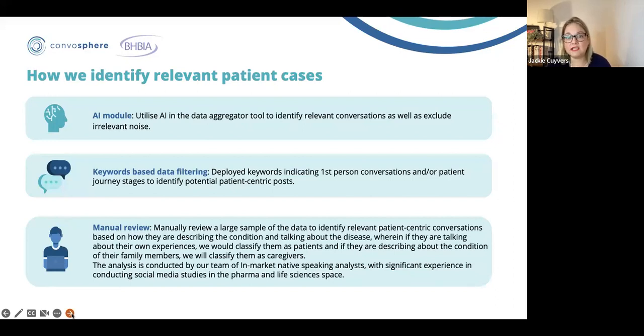And some of those conversations in the language they use can be platform specific. So different abbreviations and words used on Reddit versus Mumsnet. And it can be therapeutic area specific. So the way they refer to themselves or their doctors can be very specific to that. And then to the country or market that it's happening in, there may be cultural nuances.